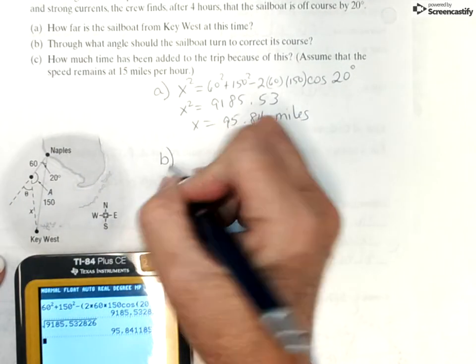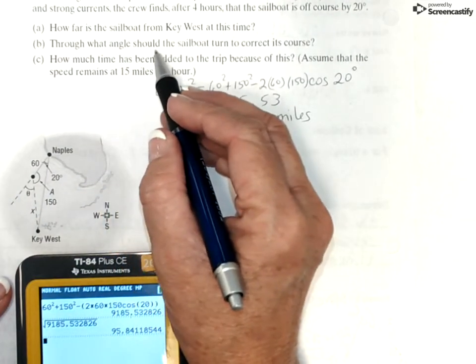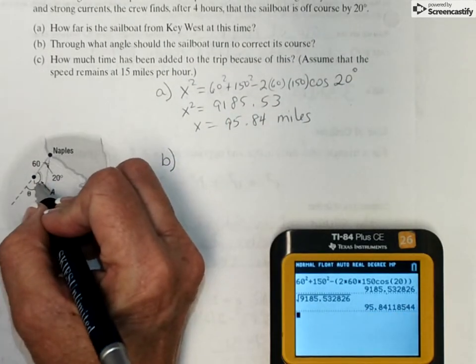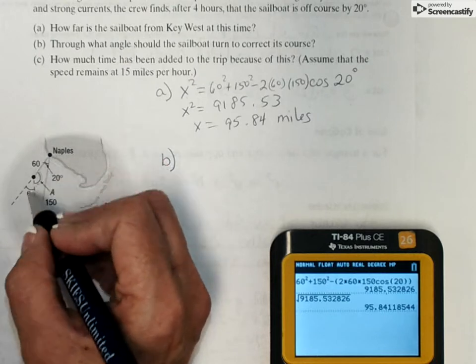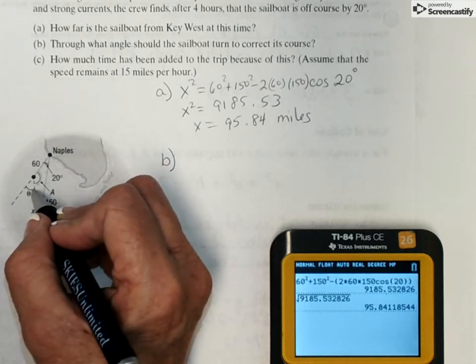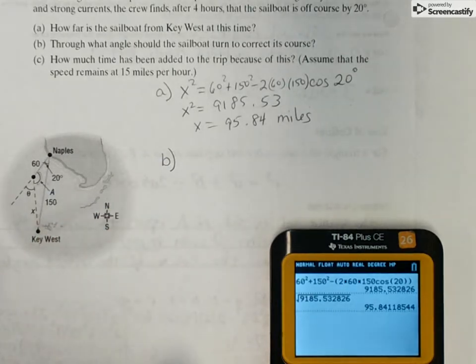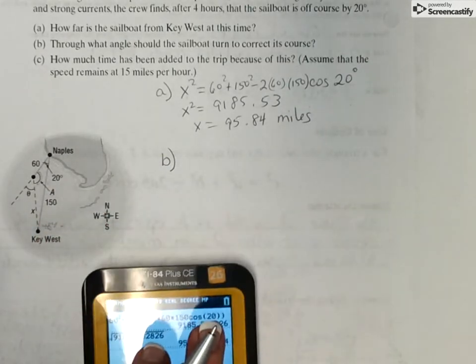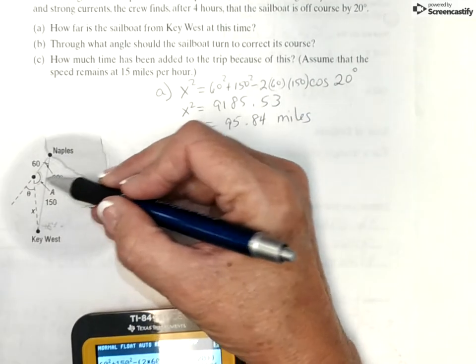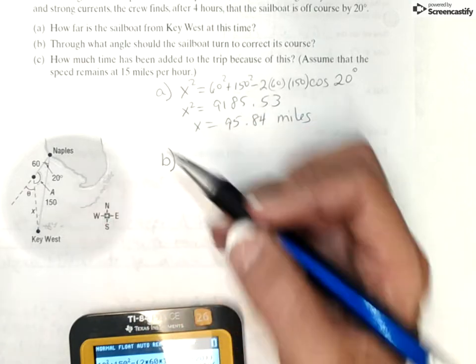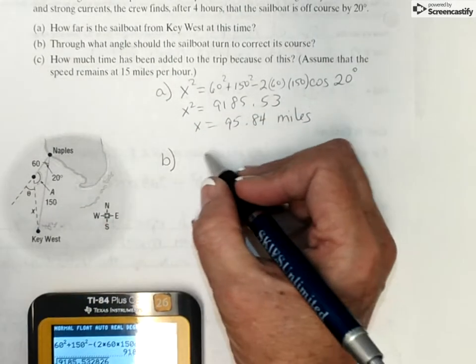Okay, part B. Through what angle should the sailboat turn to correct its course? Well, this is the angle it's going to need to turn. Because if it's going this way, we need to correct over here. So to find this, this is angle A. If I'm finding angle A, I need to know this side, which I do, and I need to know both of these sides of the triangle, which I do. So we've got all the information we need.